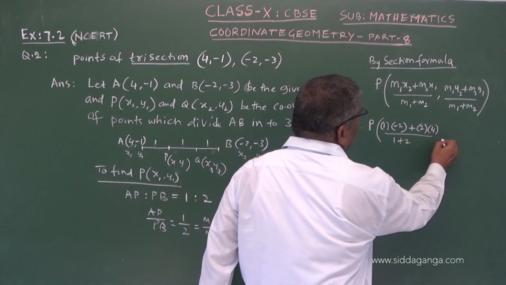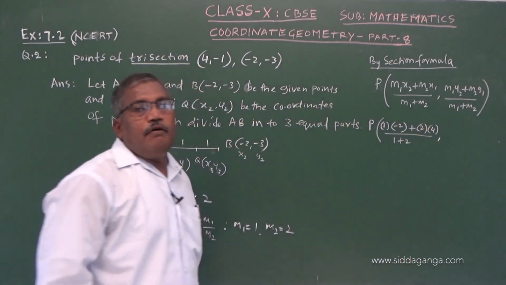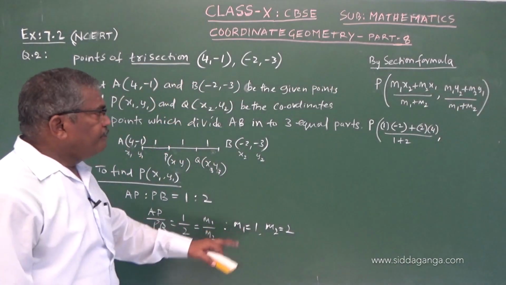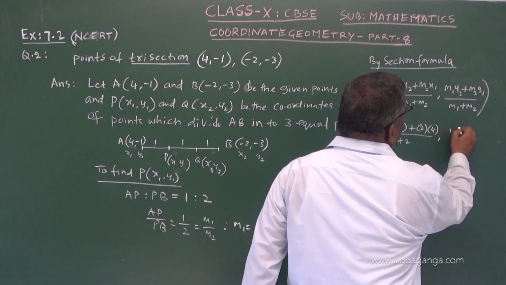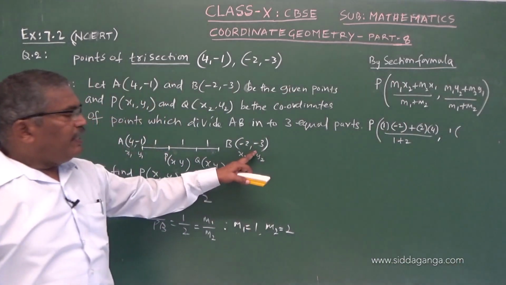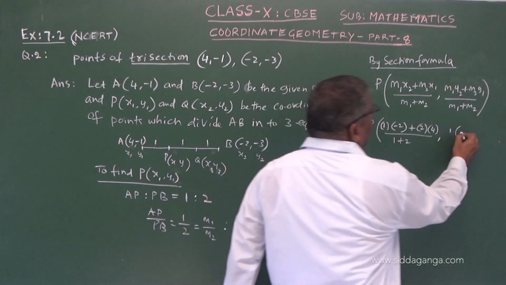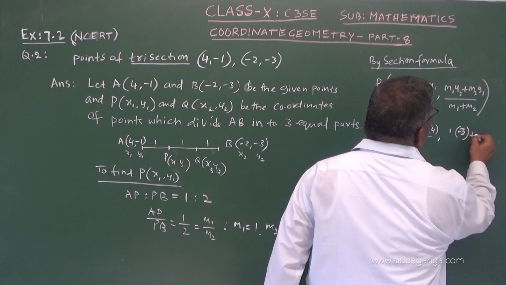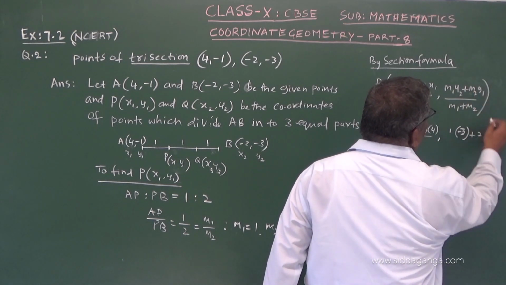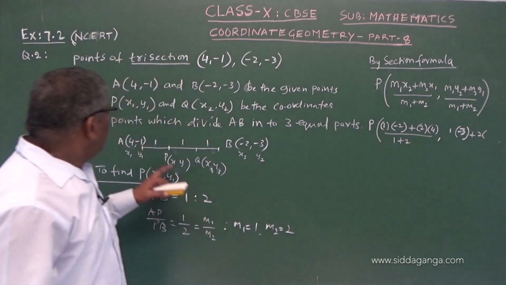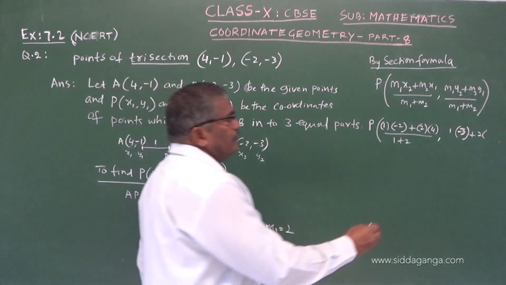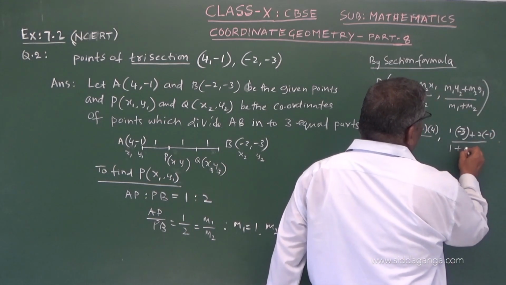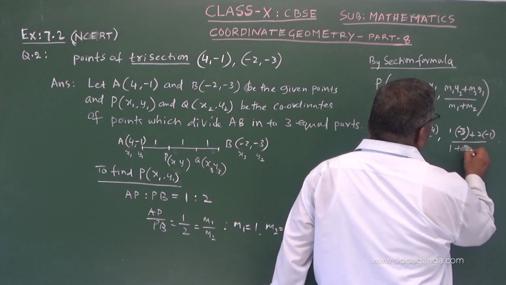So this is the x coordinate of P. Now m1 y2: m1 is 1, y2 is minus 3, plus m2 is 2 into y1, y1 is minus 1, divided by m1 plus m2, which is again 1 plus 2.